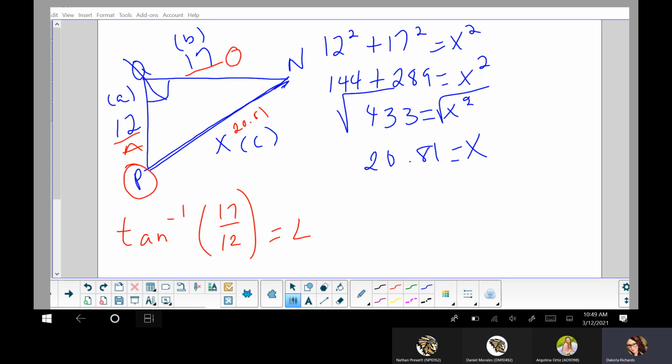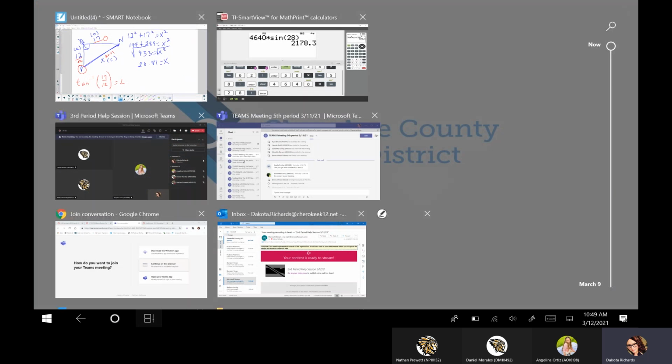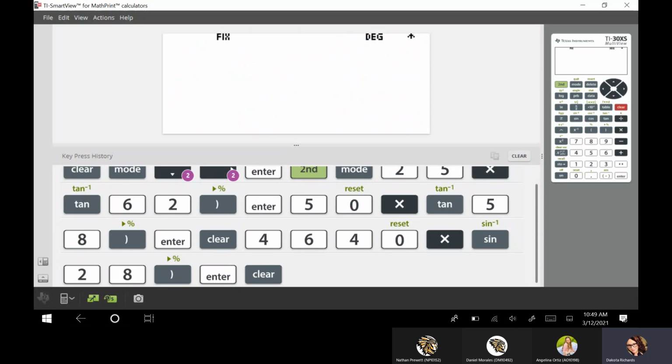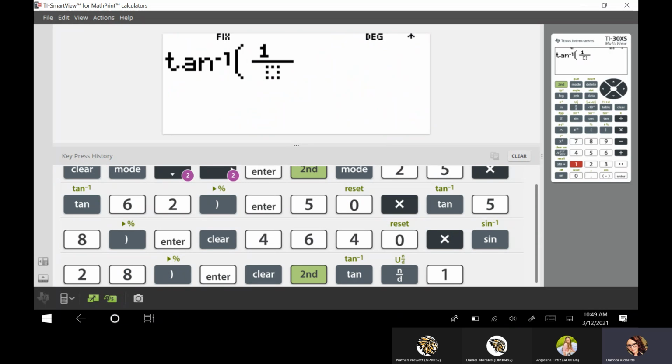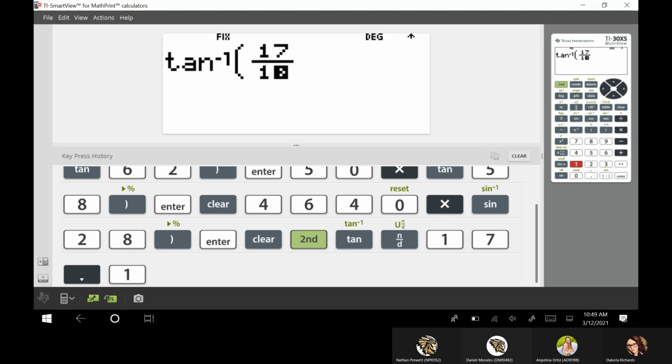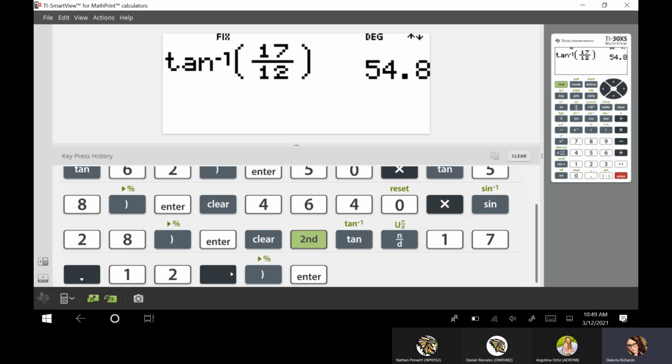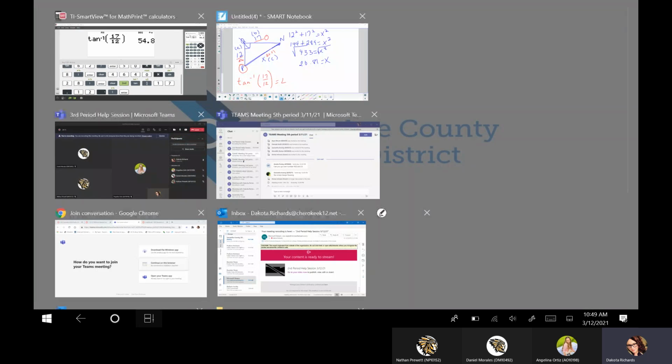So let's look at the calculator. We're going to use the inverse tangent. So you're going to hit your second button and then tangent. And that ratio we found was 17 over 12. So that's 54.8.